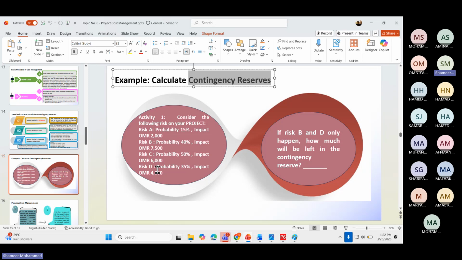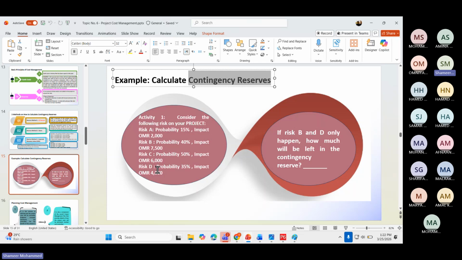See here. Probability is how much? 0.15 multiplied by 2,000. How much will it get? 0.15 multiplied by 2,000, so it is 300, right?